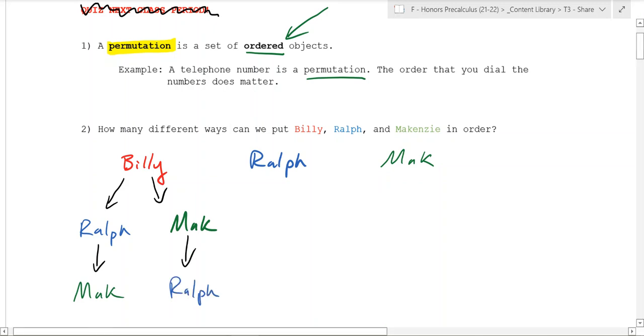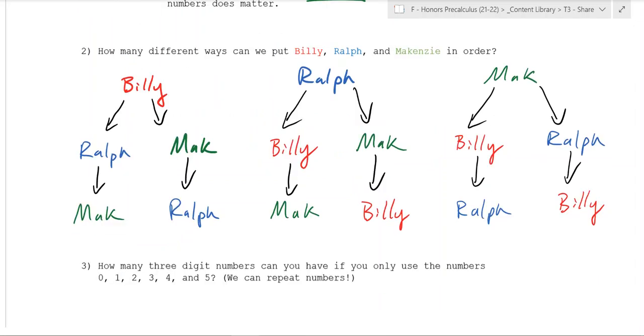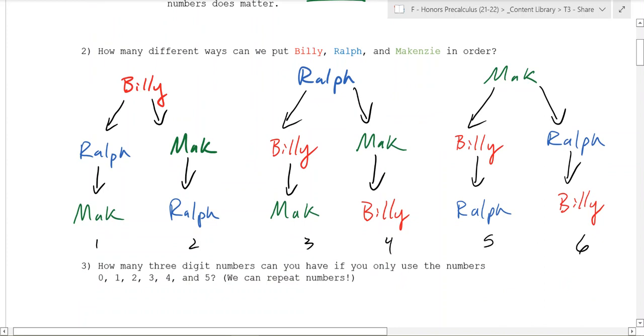And you can finish the other one similarly. And you end up with these options. So each full path represents an option. So there's 1, 2, 3, 4, 5, 6 of them. You notice you could have started with 3, and then each broke into 2, but then there was only 1 left. So you can think of it as 3 times 2 times 1.